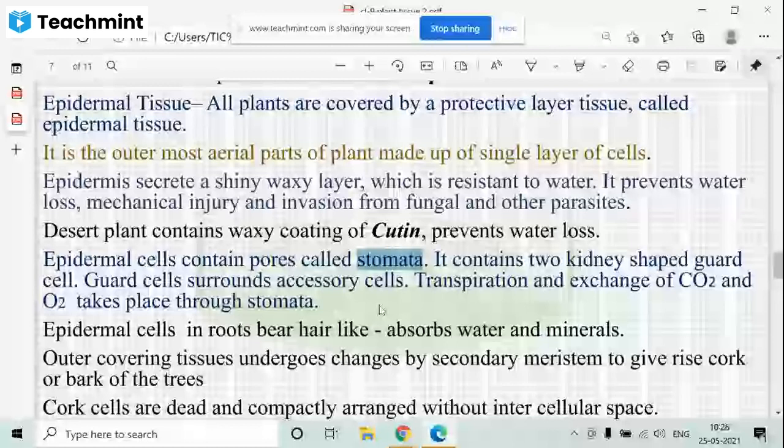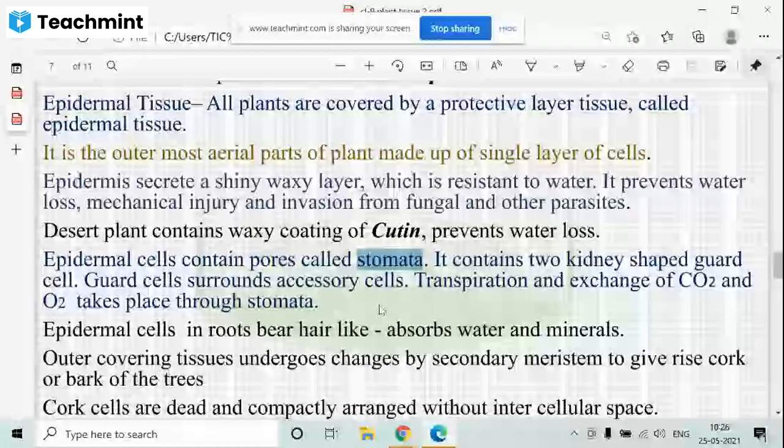The lower part contains the most stomata, with small kidney-shaped guard cells covered by accessory cells, extra cells, which help in exchange of gases and transpiration.